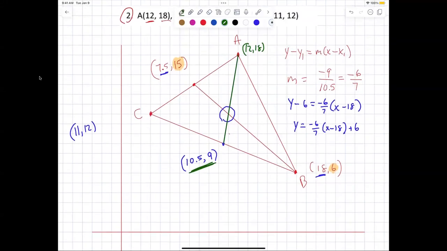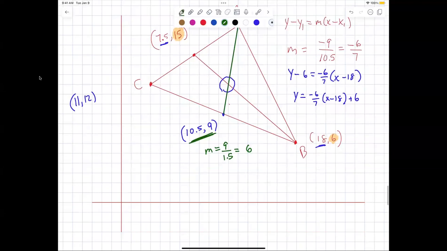So from 9 to 18, I went up how many? 9. And from 10.5 to 12 is what? 1.5. So tell me what 9 divided by 1.5 is. Everybody agree it's 6?